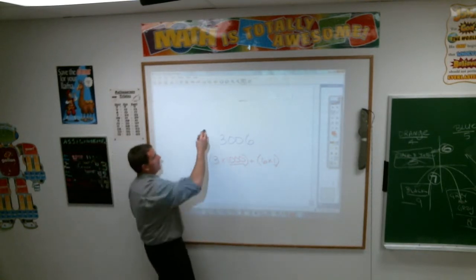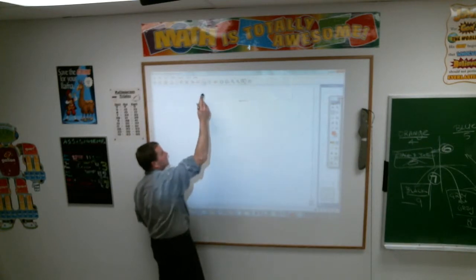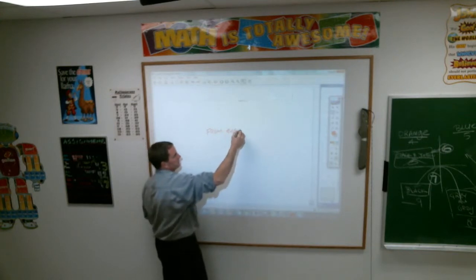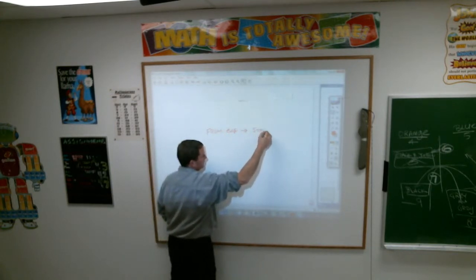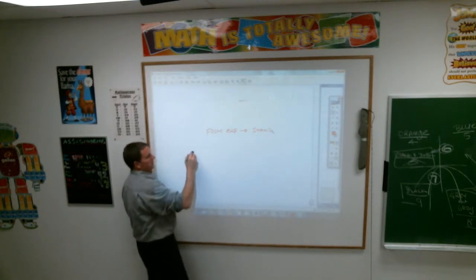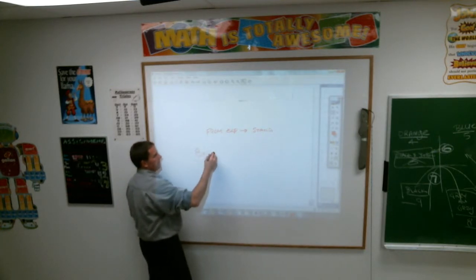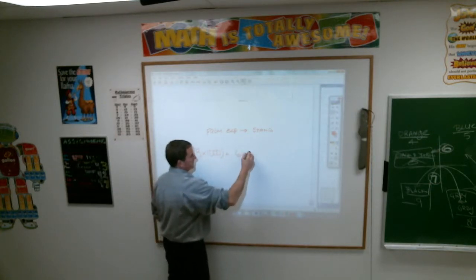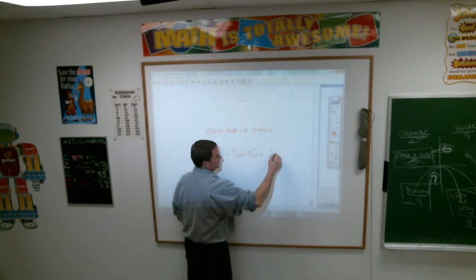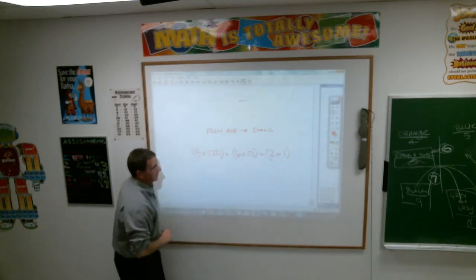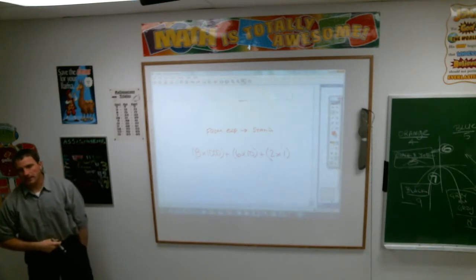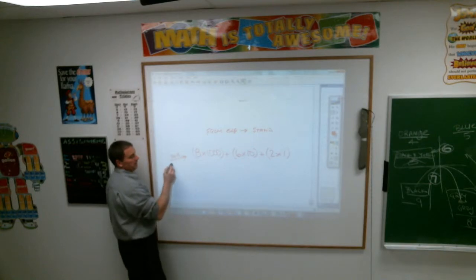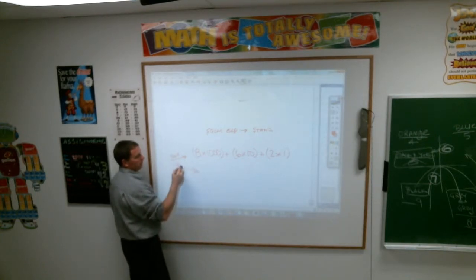In addition to that, we have to be able to do it in the reverse order. You need to go from expanded back to standard. So if you're given a problem that looks like this, 8 times 1,000 plus 6 times 10 plus 2 times 1, you need to take that expanded form and turn it back into standard form.